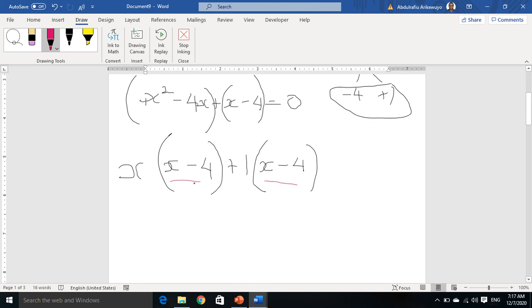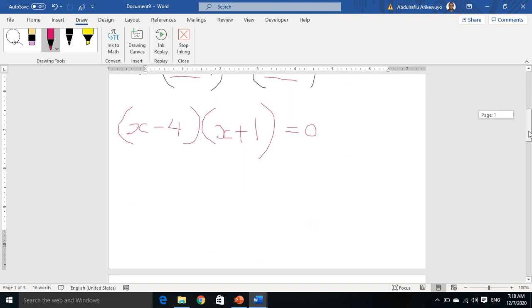So I will pick only one of them, x minus 4. Then outside the brackets, you can see x plus 1. Remember that all of them equal 0. Now you can say this is the third step.